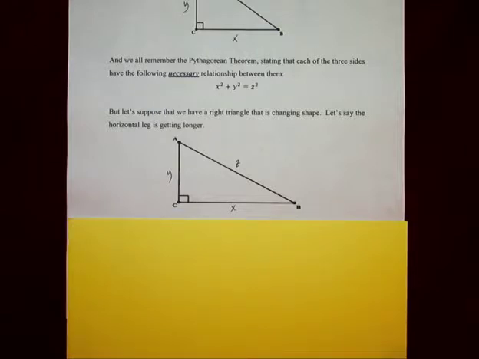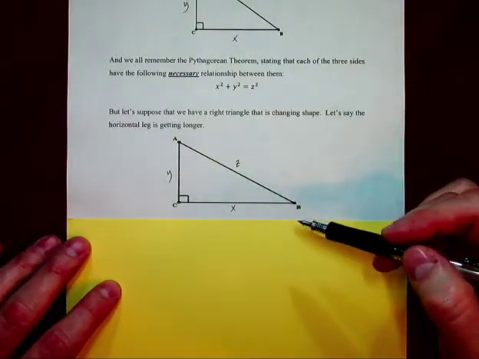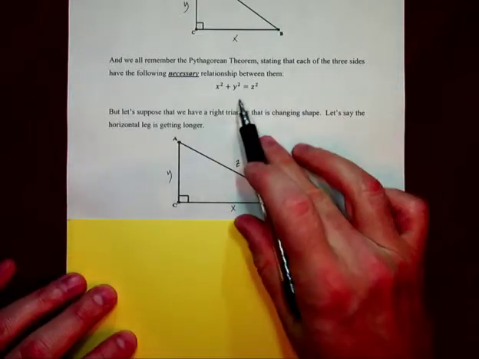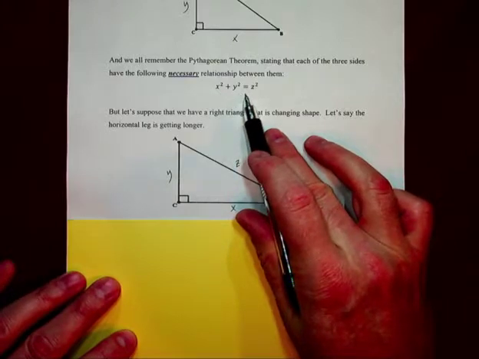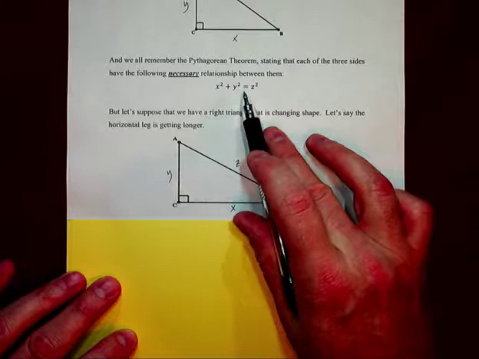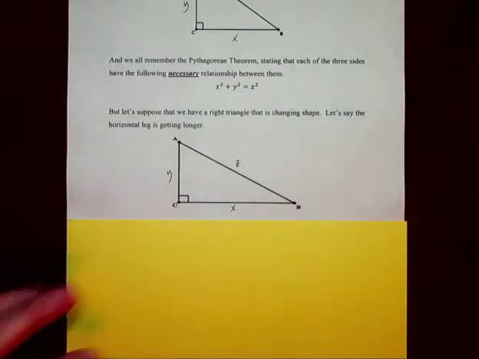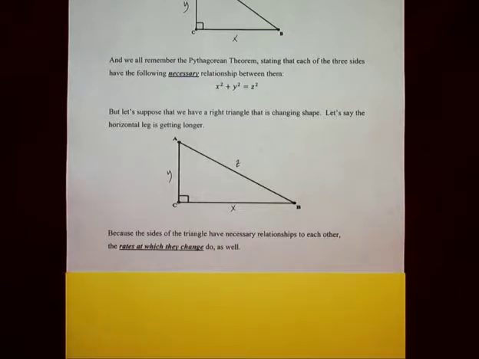Despite the fact that the triangle has been changed or is in the process of changing, that does not negate this necessary relationship. But it should also make sense that because the measurements have this necessary relationship, the rates at which they change will also have a necessary relationship to each other.